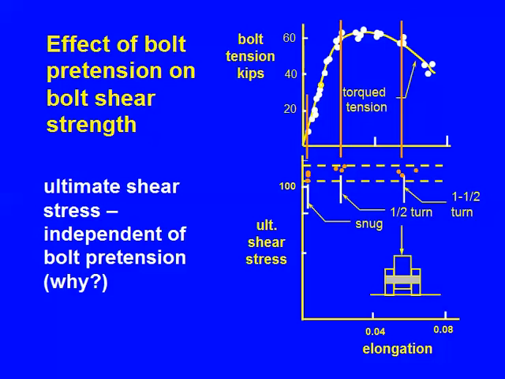Let's look at the test results that were done with bolts installed to 1.5 turns in the shear test. And they're here, you see them, and the line is there already. And the pretension, I just said, is 58. What's the shear strength? Well, admittedly, it's a little less than the previous tests, but not significantly, 105 or something.